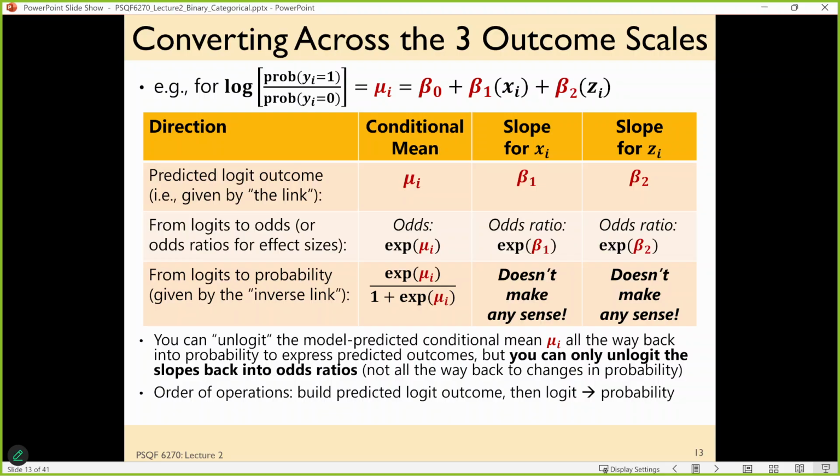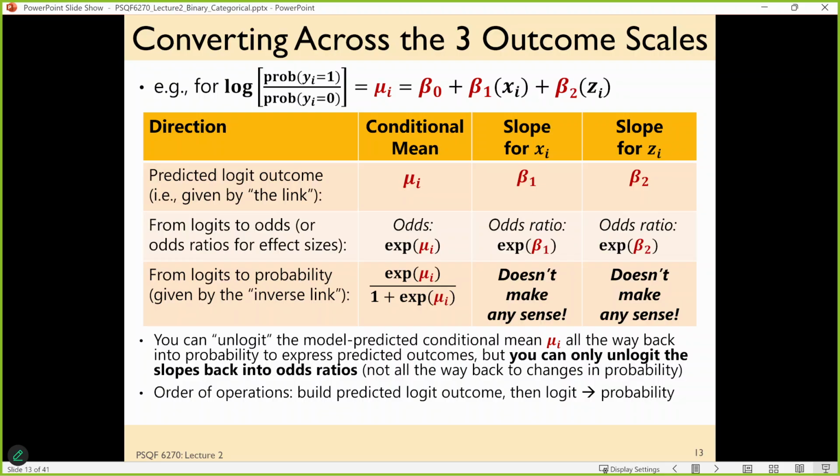Question? Yeah. Not talking about an exact value, but could you say, if the beta sub one is positive or negative, that it is positive means it's increasing, not a particular amount, but just in general increasing, and a negative is in general decreasing?